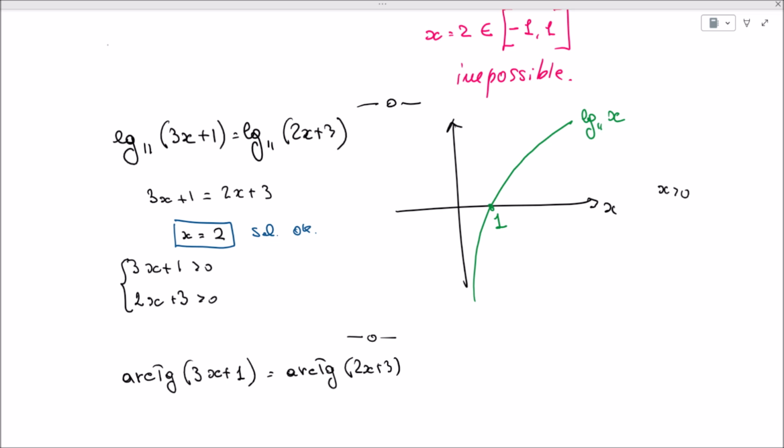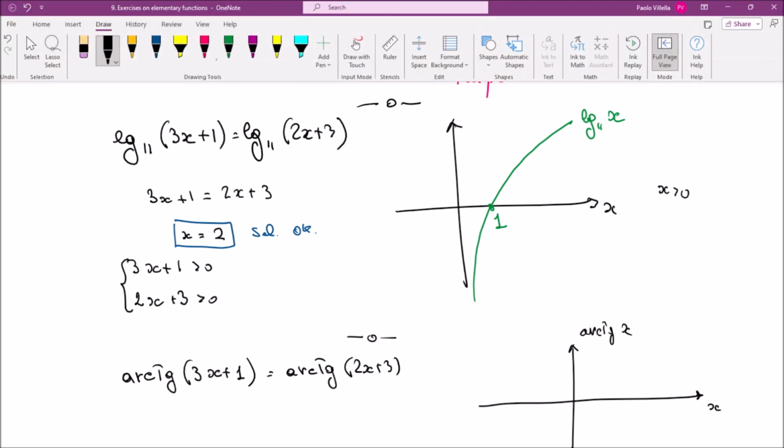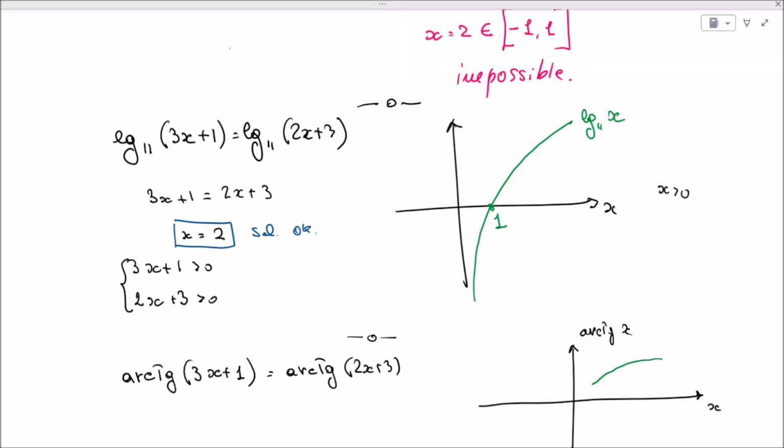And let's draw the arctangent of x, and we know that this is the graph taking values between minus pi over 2 and pi over 2 for every possible x.